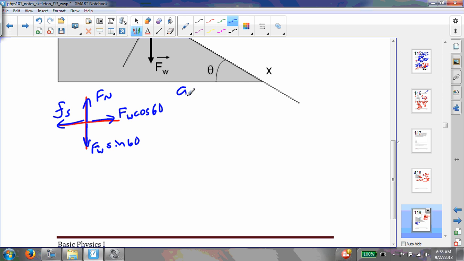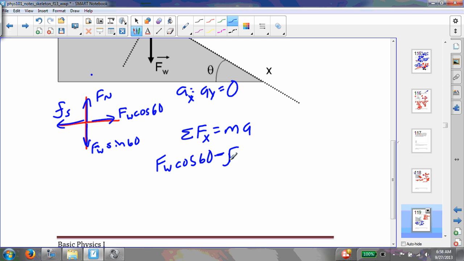I know that the acceleration of this block in both the x direction and the y direction is equal to 0 because it's stationary. Now I can say the sum of the forces in the x direction equals mass times acceleration. That is Fw cosine 60 minus Fs equals 0.